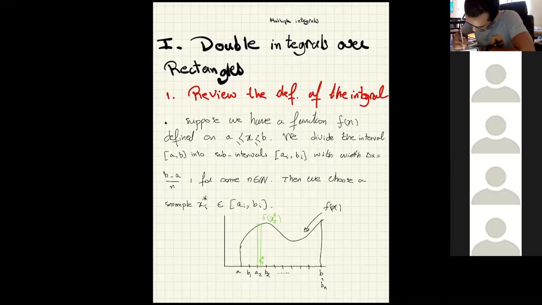So this will be (b2 minus a2) over n, which is delta x, the width of the base of this rectangle. And then we multiply by the value f of x2 star.